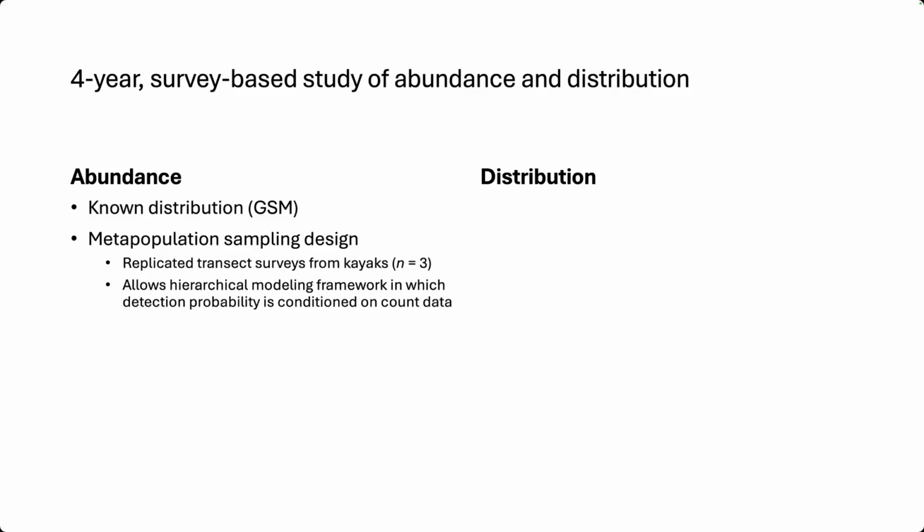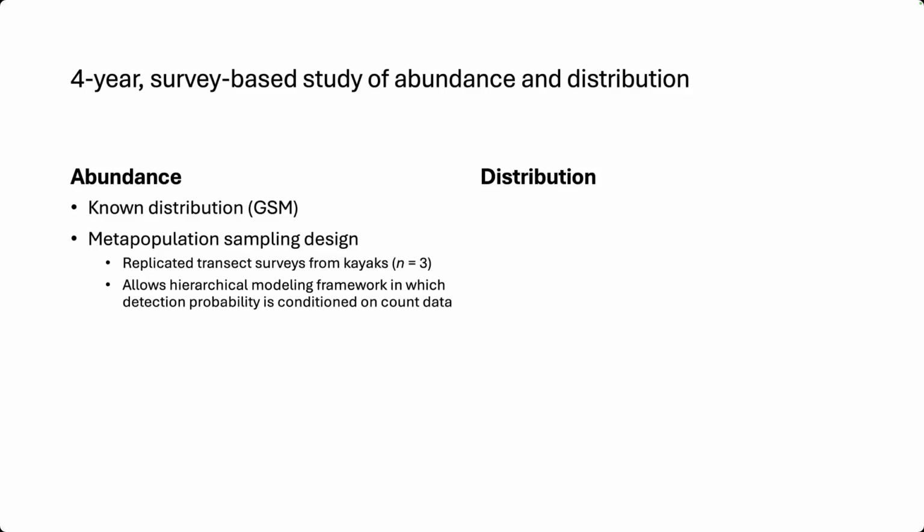The reason is that by doing this type of metapopulation sampling design, it allows us to analyze the data using a hierarchical modeling framework in which we can use the variance in counts, for example, between surveys or detections to build up a detection probability estimate without actually having to mark or otherwise identify individuals.